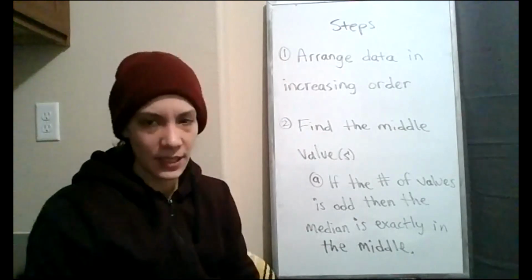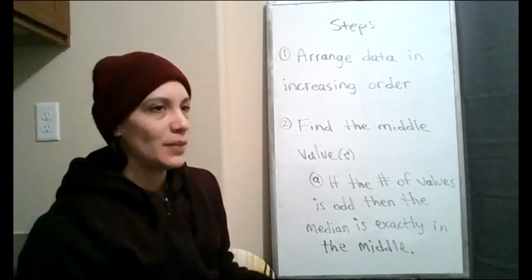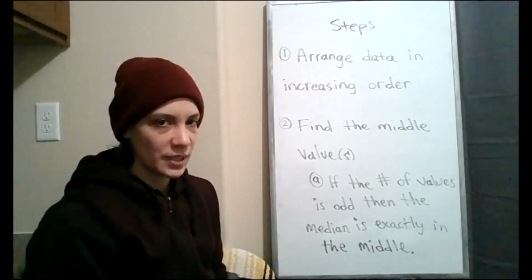If the number of values is even, the median is the average of the two numbers in the middle.